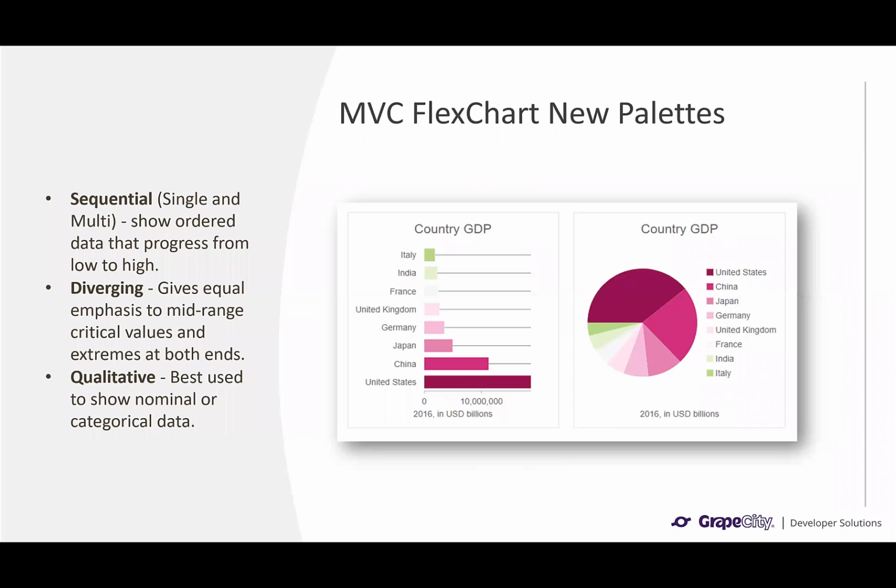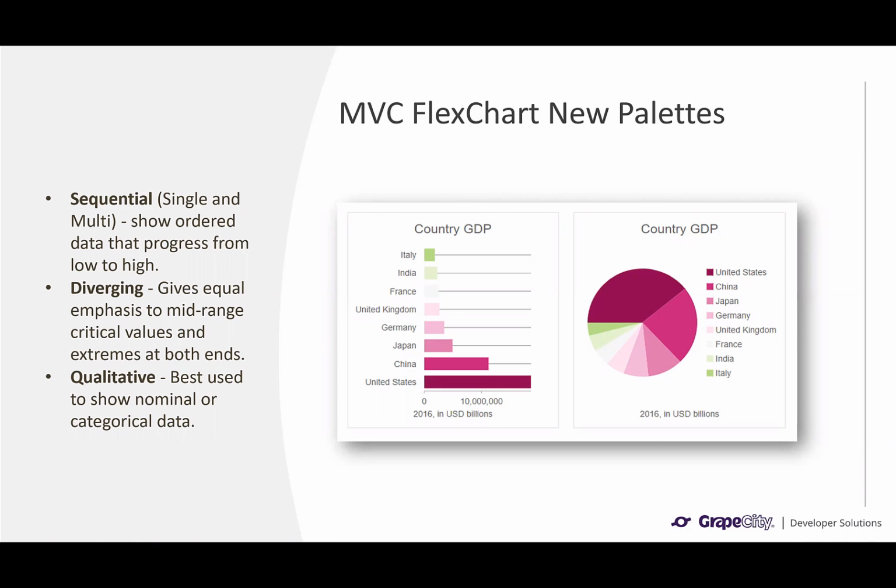In this release for ASP.NET MVC and Core MVC, we're also introducing more palette choices for FlexChart. The new palettes were inspired by ColorBrewer 2 and are grouped into the following categories. We now have sequential palettes, which are best used to show ordered data that progresses from low to high or high to low, to highlight the sequential order of the data.